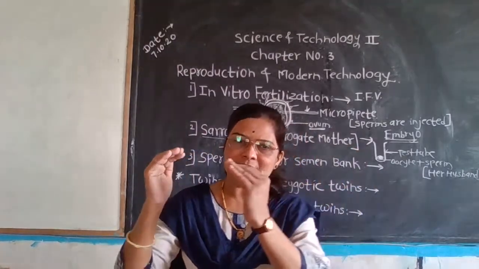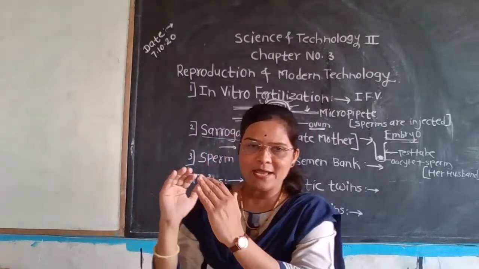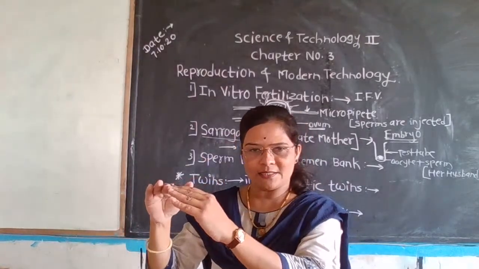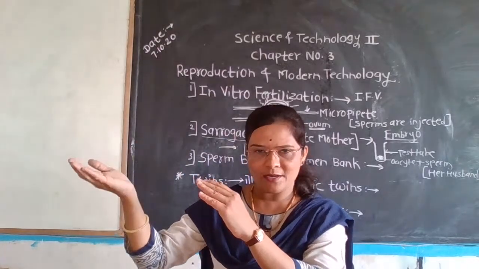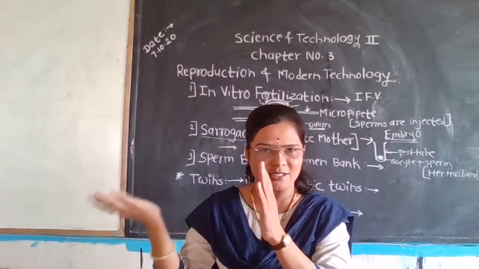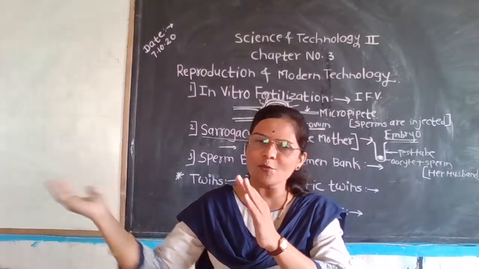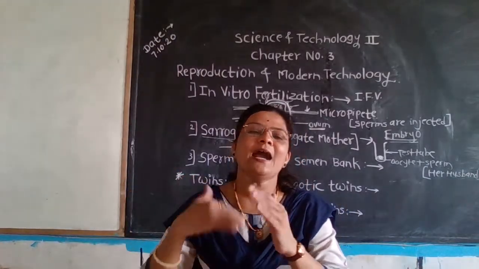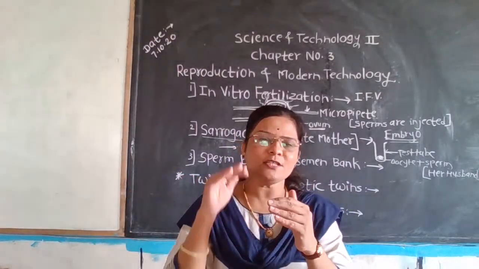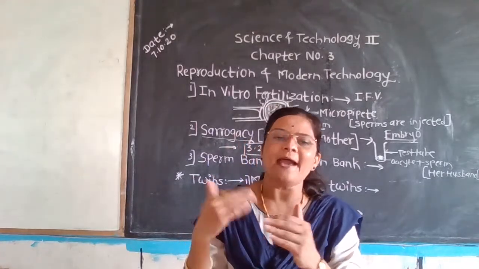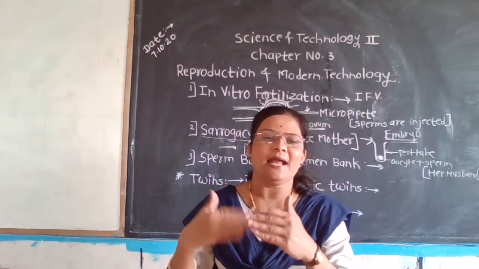Temporarily the uterus is taken, the uterus of a different woman, and there is no family relation, but occupation is there. In a high profile society, this technology is also used to carry the embryo for 9 months and 9 days.